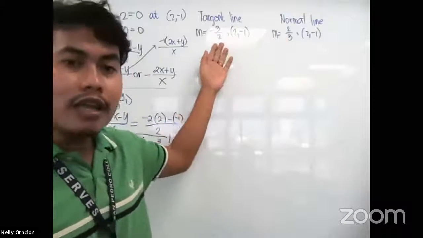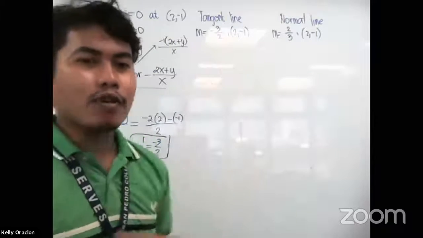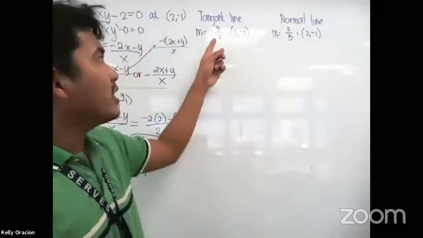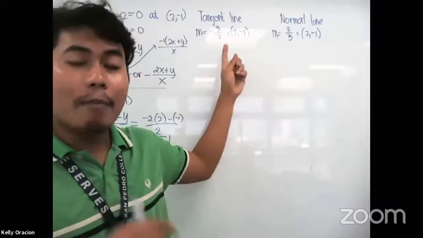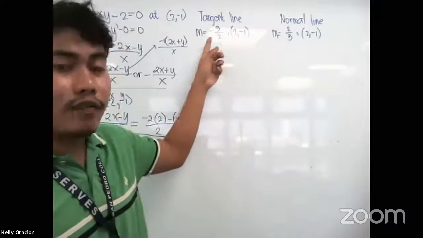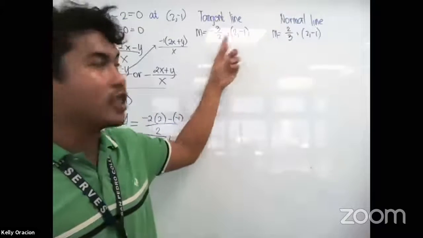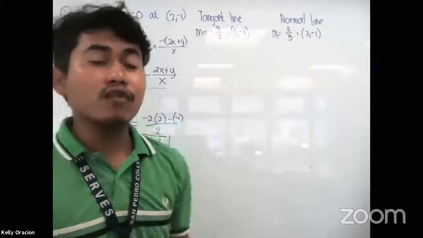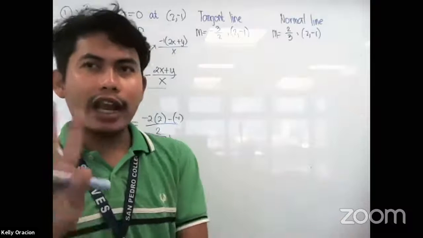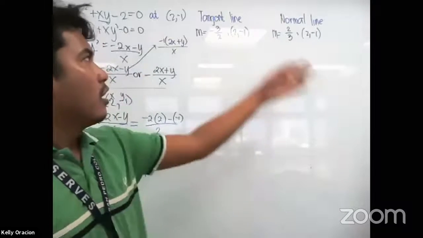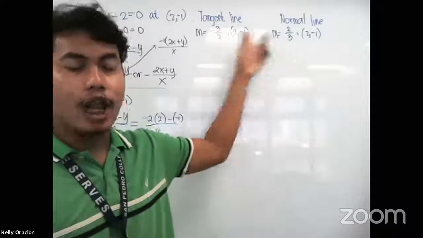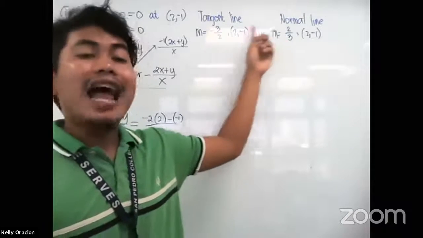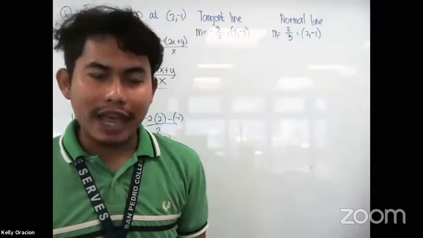What is the reciprocal of 3 halves? It's 2/3. Negative reciprocal means the opposite sign. This is negative already, so negative times negative is positive. That is why positive 2/3. Or, here is a clue: if the tangent slope is negative, the normal slope is positive. If the tangent slope is positive, the normal slope is negative.